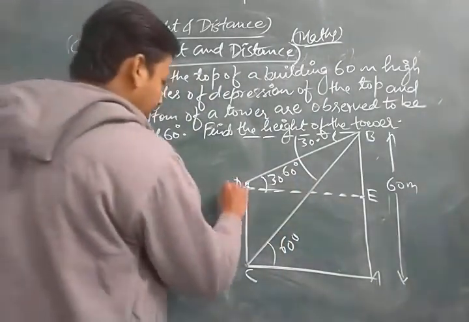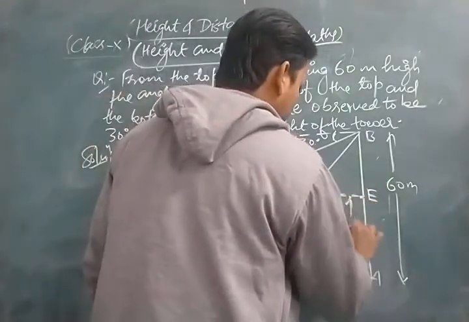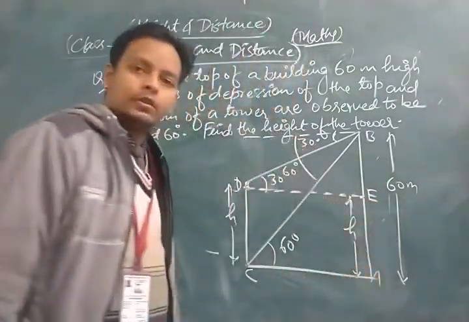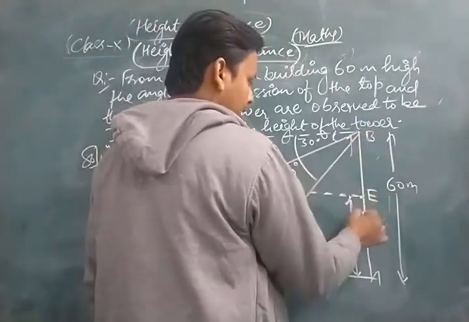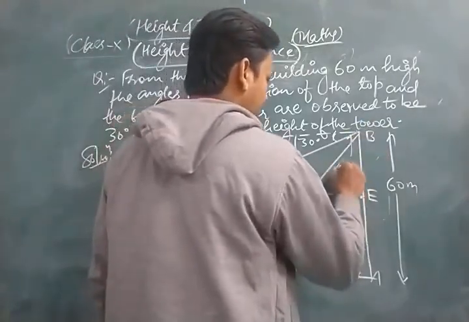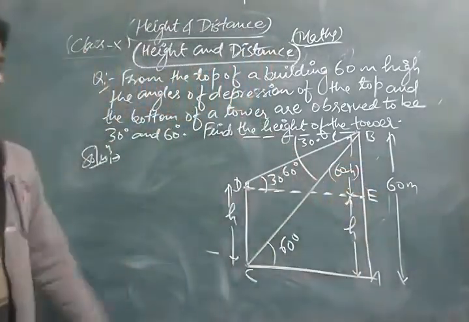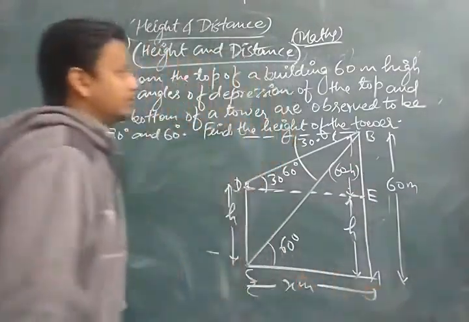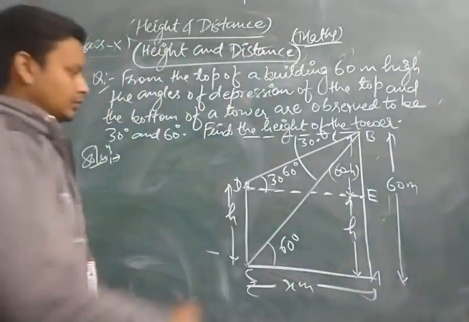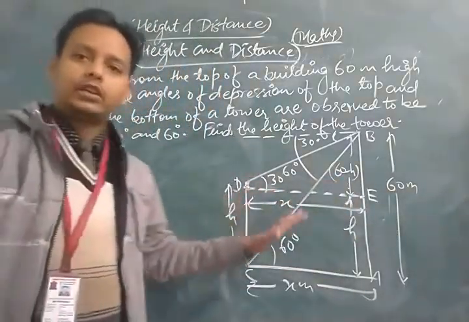Let H be the height of the tower, so CD equals H, and also AE equals H. Then BE is 60 minus H. Let AC equal X meters, so DE also equals X. This is the figure according to the question.